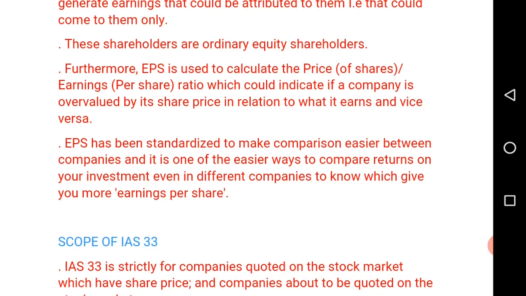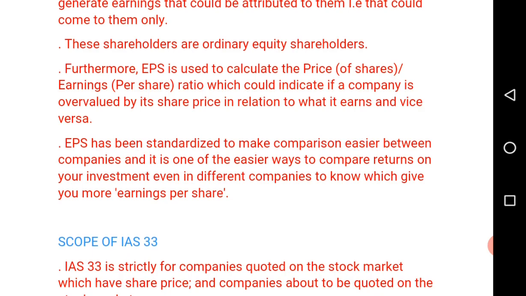So if I have company A, company B, company C, three different companies, we have different earnings per share for each. So we could know that the higher earnings per share means that company generates more earnings on each share owned.